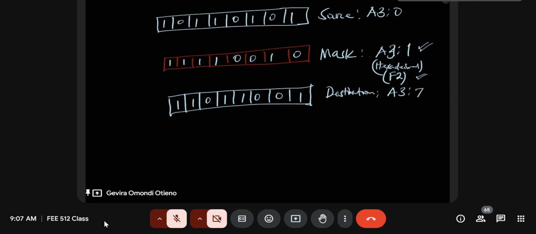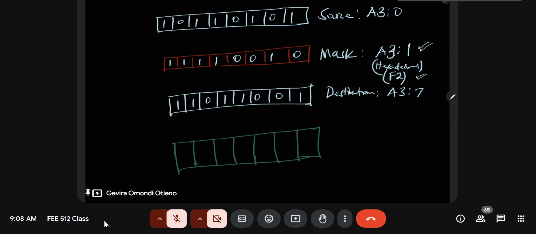So in that case, the destination retains the information that was in that corresponding bit. Let's see an example. When we perform a masked move, this is what we'll have. We'll still have 8 bits.